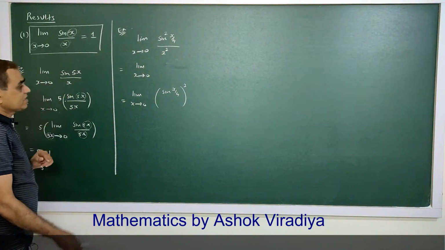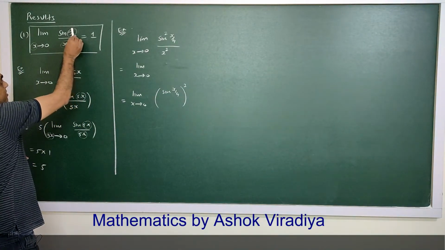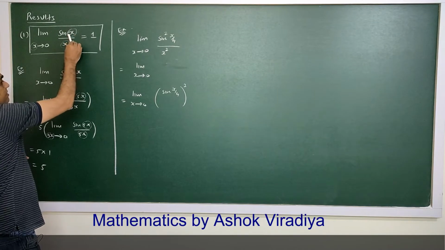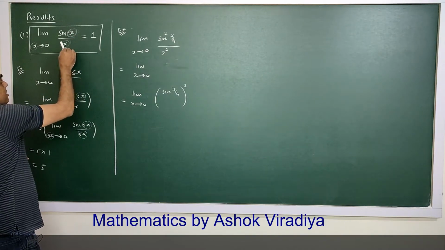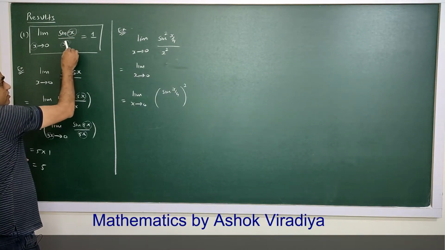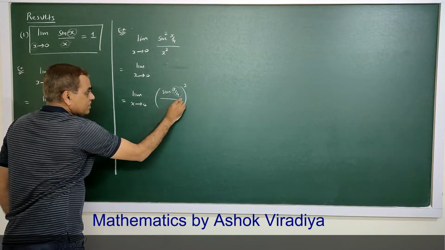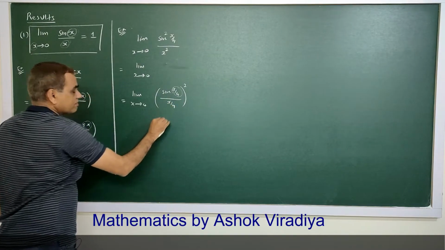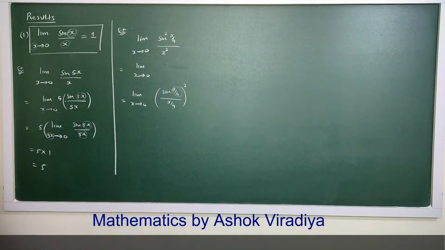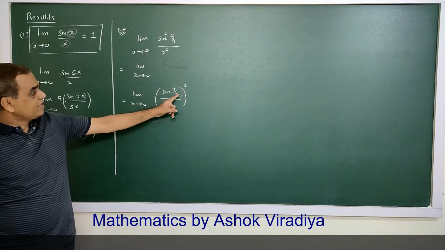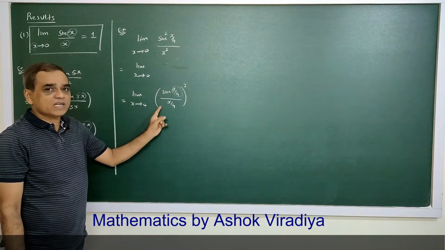Now again, if here there is x by 4, the same number must be here, x by 4. So here is x by 4, this is theta, so we want x by 4 here. Then we can say the limit of this function will be 1.